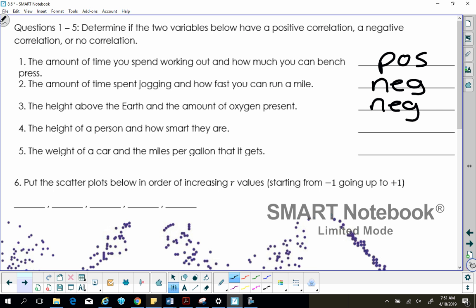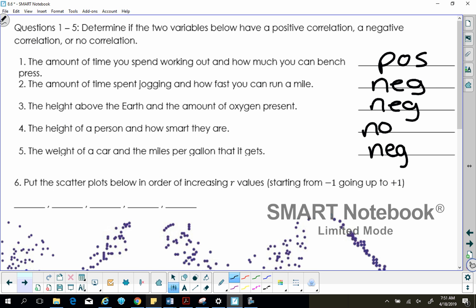The height of a person, how smart they are? No, right? The weight of a car and the miles per gallon it gets. The more the car weighs, the less miles per gallon it gets, because it takes more gas to move that car, so that's going to be negative. Does that make sense?